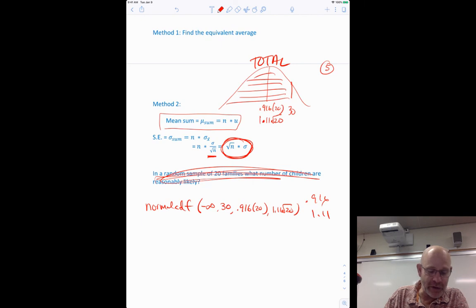So we're going to go normal CDF from negative infinity to 30 with a mean of 0.916 times 20, and the standard deviation of 1.11 times the square root of 20. And we're going to get that 99.06.